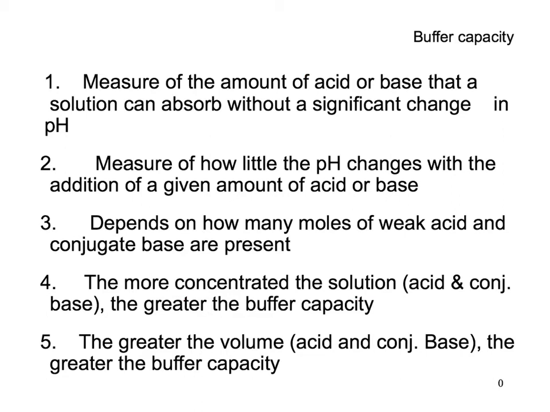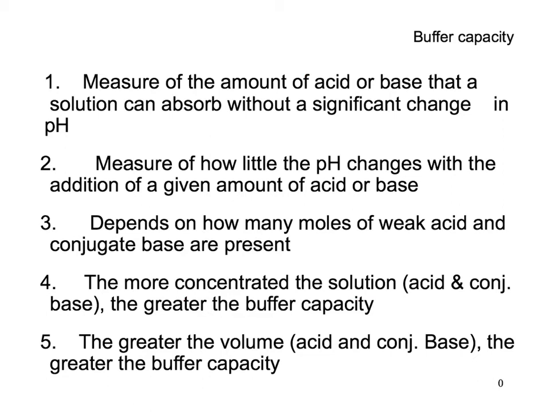It depends on how many moles of the weak acid or weak base, or its conjugate base or acid, are present. Higher concentrations mean that the buffer capacity is going to be higher. Greater volume also means the buffer capacity is higher.